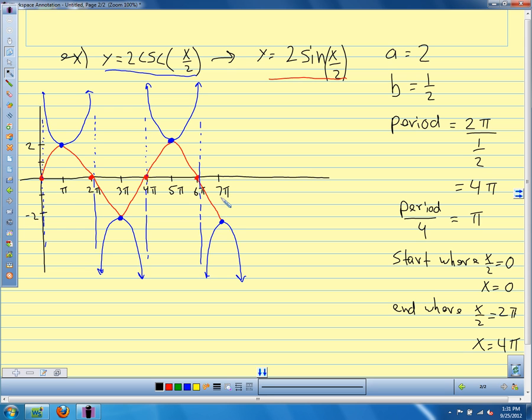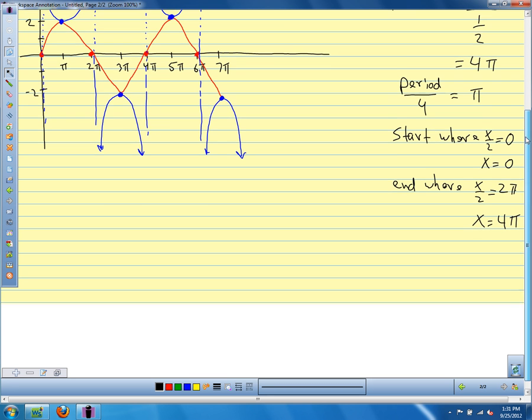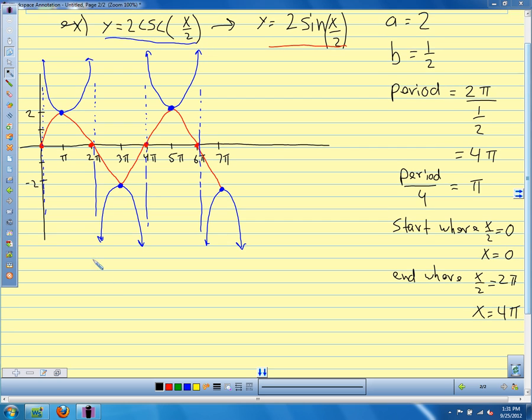Yes, question? How do you know that you draw the vertical asymptote everywhere it crosses 0? Well, that's a good question. So we said at the very beginning that the cosecant of theta is 1 over sine of theta.